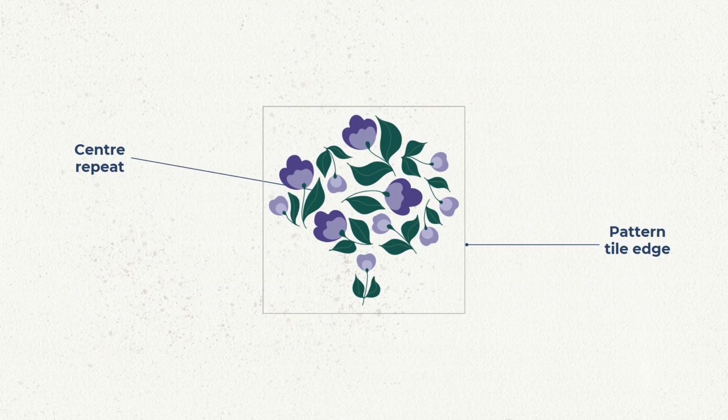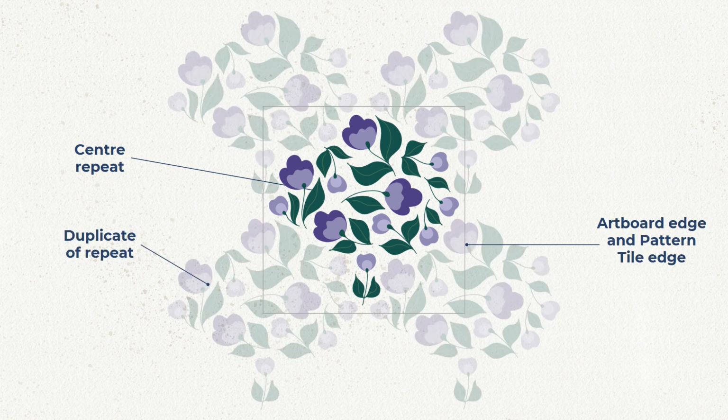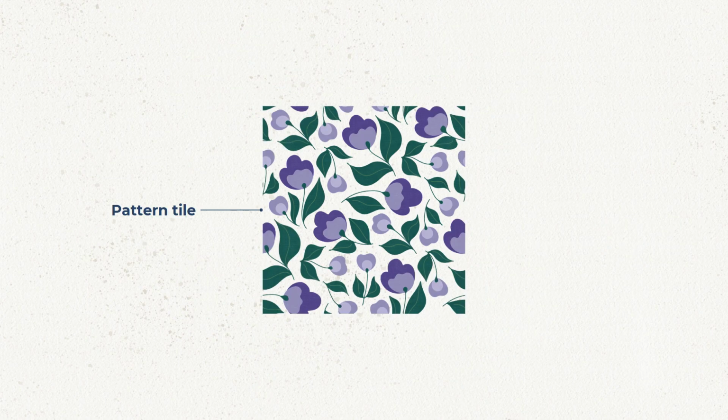To create this infinitely repeating tile using my templates, we are going to start by designing the center repeat by positioning our motifs in the guided spaces. Then we're going to duplicate that center repeat and shift them to the four corners of our canvas. When constrained to the original canvas, the result that you get is a seamlessly repeating pattern tile.